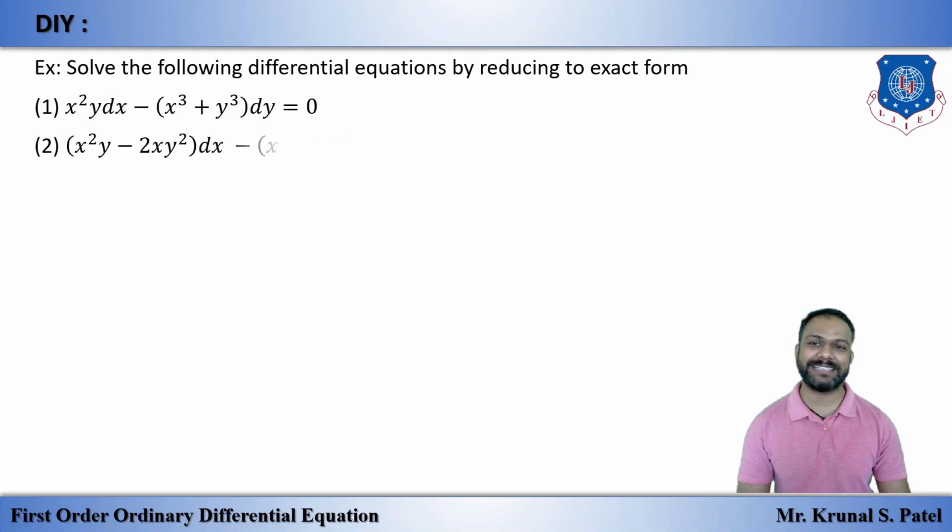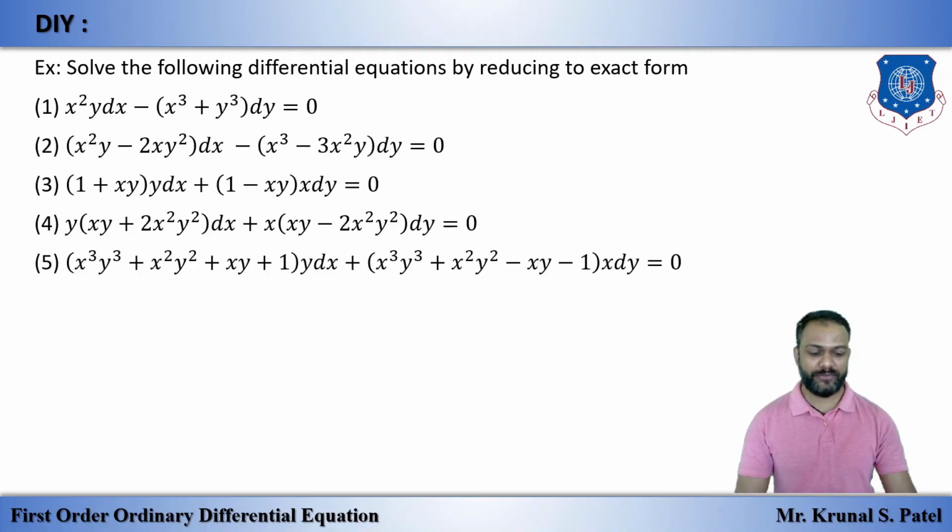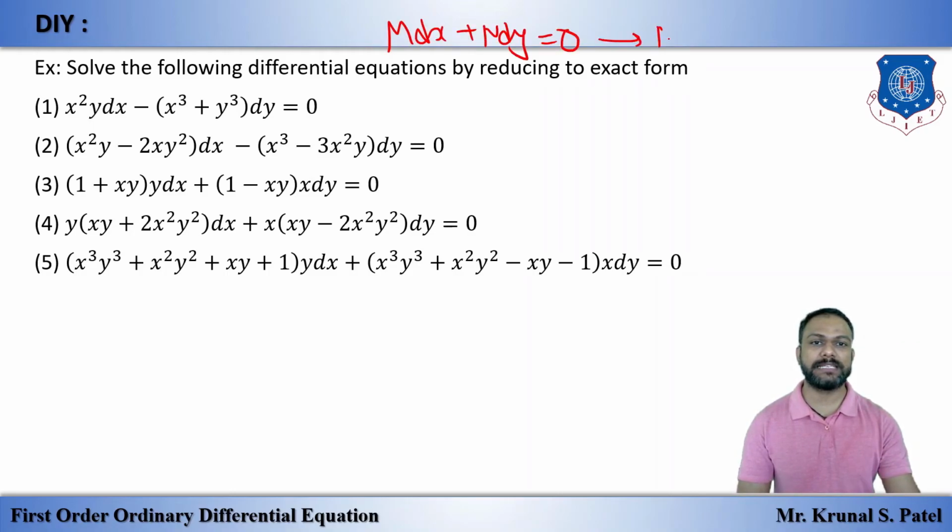Now we have these examples, which are a combination of two methods, method 1 and method 2. If given M dx plus N dy equal to 0 is not exact, but it is homogeneous, then the IF is 1 upon Mx plus Ny.